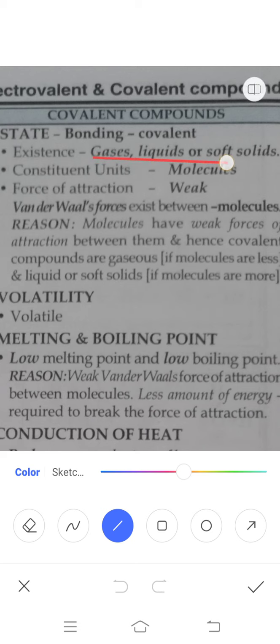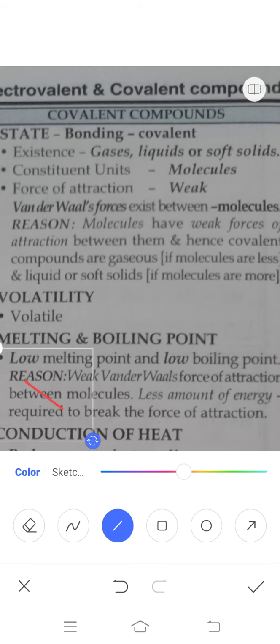The existence is in the form of gas, liquid or solid. They exist in all three states. The constituent units are molecules. The force of attraction is weak. Now what type of force is it? It is van der Waals. This weak force between the molecules is known as van der Waals force of attraction. Hence they have a weak force of attraction between them.